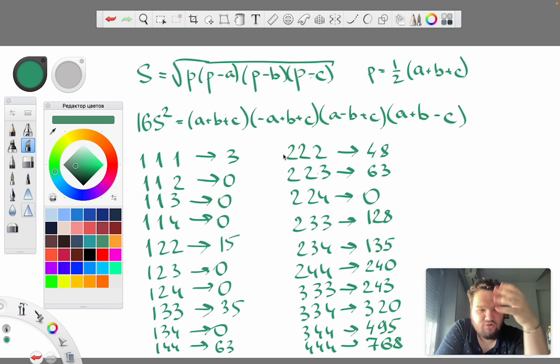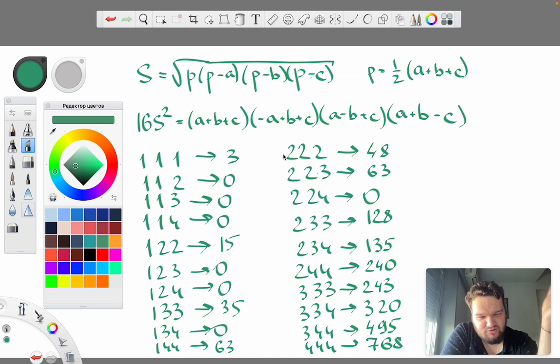Well, after I know all the ones, it doesn't make sense to query them with two ones. So I can just leave only one, and kind of do the same thing.